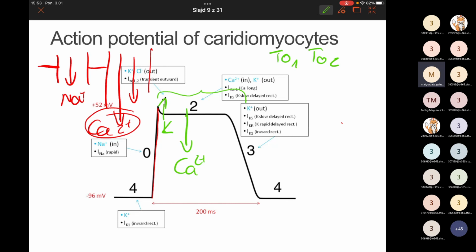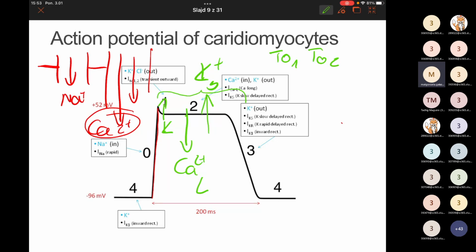At the same time, slow voltage-gated potassium channels are activated as well, and therefore the influx of calcium ions into the cell through the L-type calcium channels is balanced by the outflux of potassium ions through the voltage-gated slow channels.